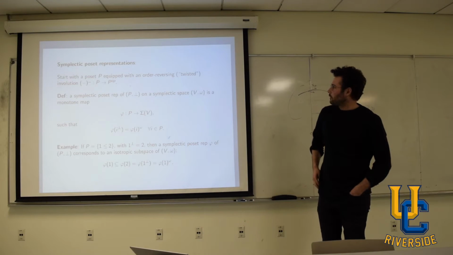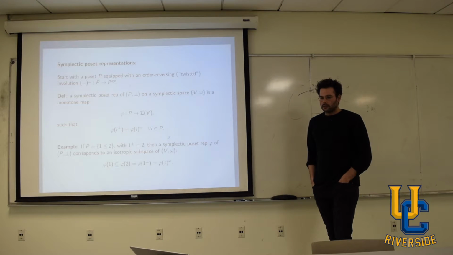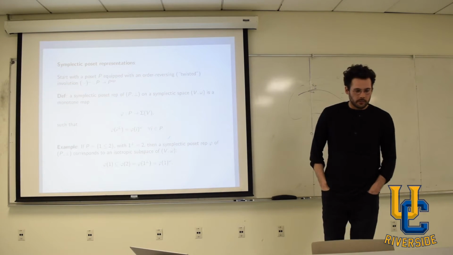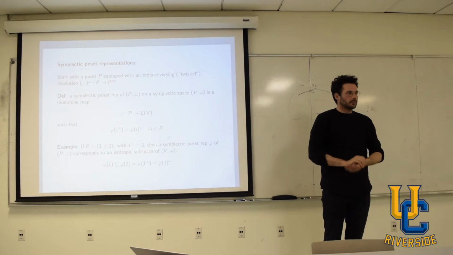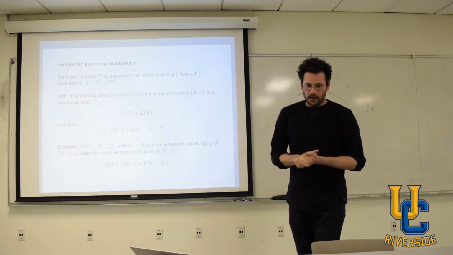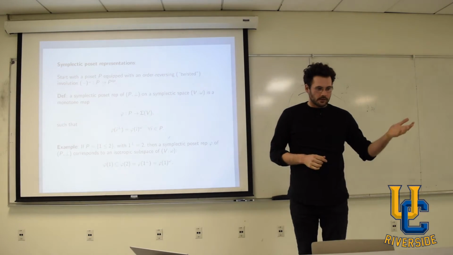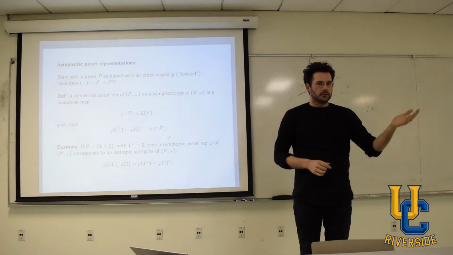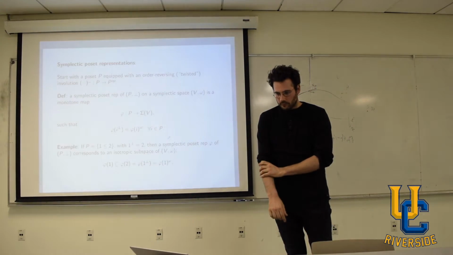Okay, so we want to do the same thing in the symplectic world. And we want in particular to be able to talk about these important special kinds of subspaces like isotropic subspaces, Lagrangian subspaces, symplectic subspaces. And the way we do that is, well, these subspaces can be defined purely in terms of this involution of taking the orthogonal.